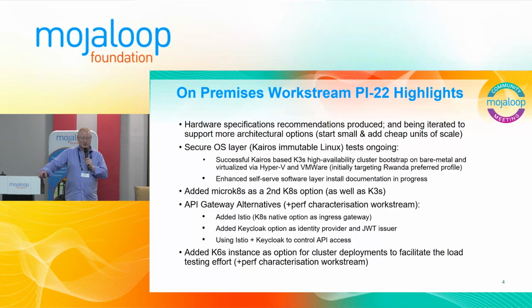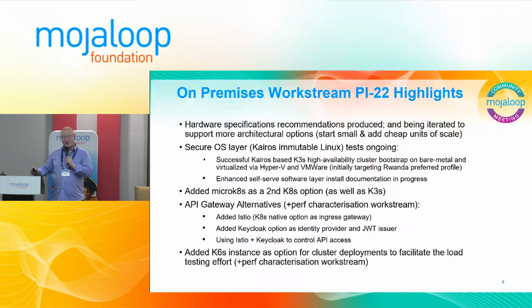We're running a lot of tests at the moment. We have successfully built K3s, which some of you in the room might not know, is a particular packaging of Kubernetes that's especially efficient and lightweight and easy to manage. So we're targeting high availability Kubernetes clusters based on that technology, running on bare metal, either virtualized.